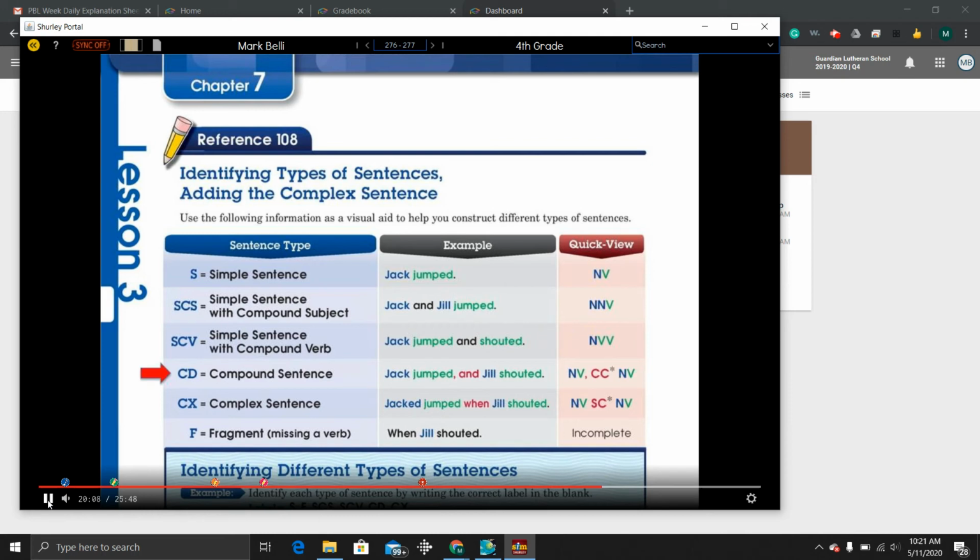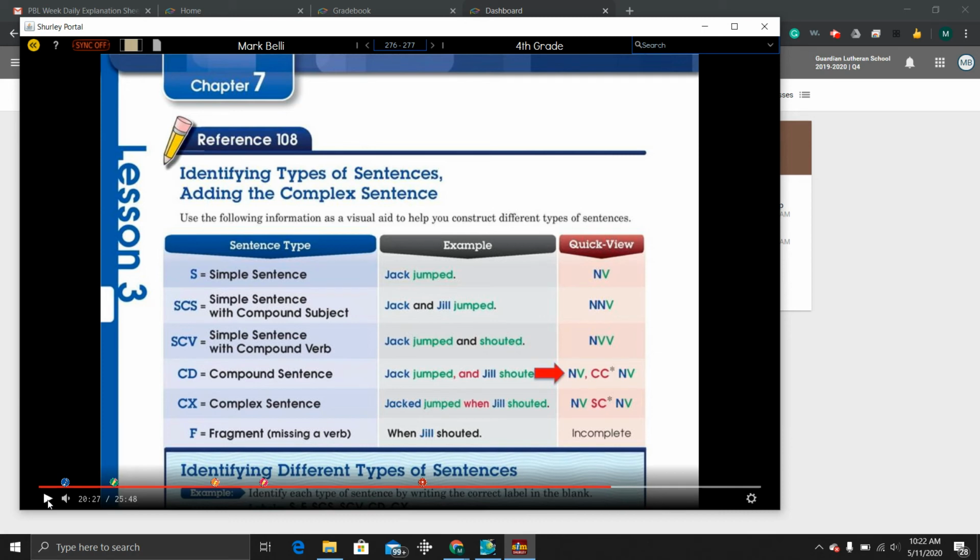The next sentence type is the compound sentence. It's labeled capital CD. Remember, a compound sentence is created when you join two independent clauses. For example, Jack jumped and Jill shouted.